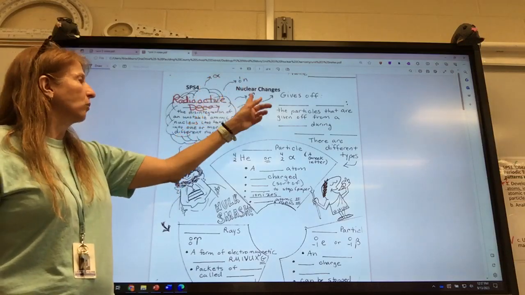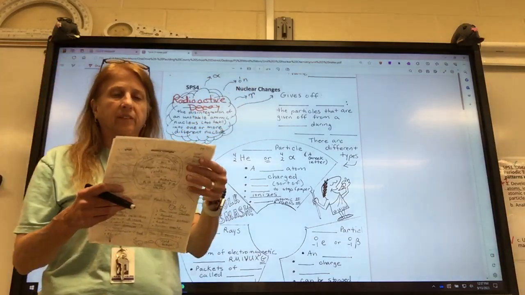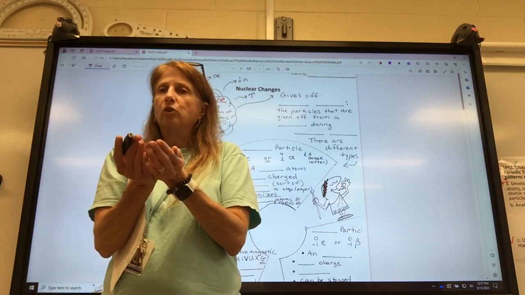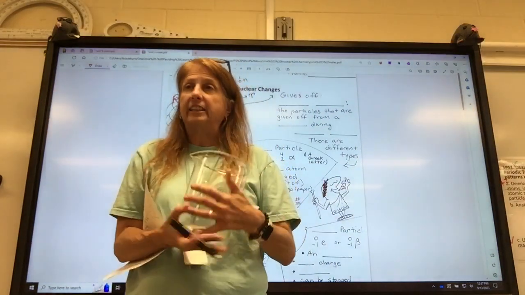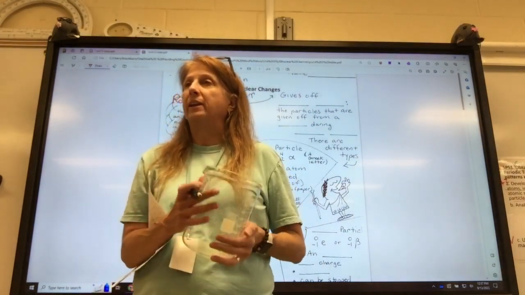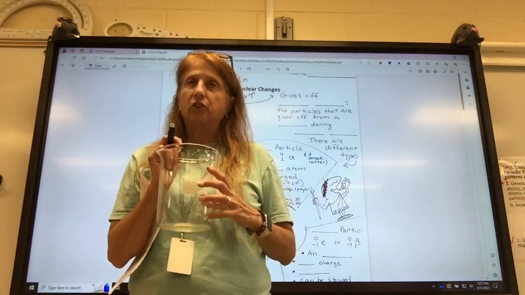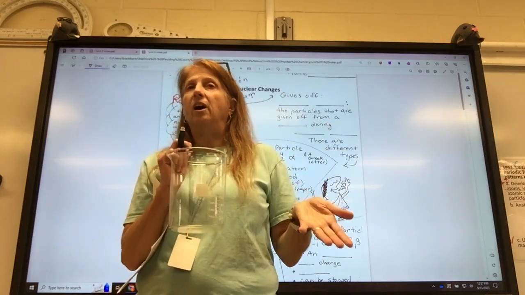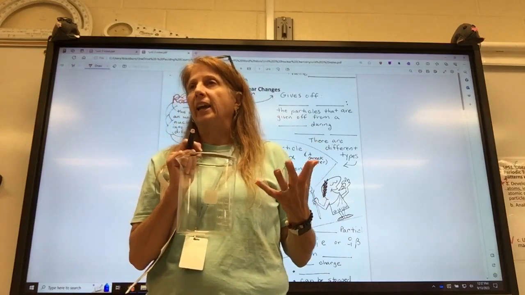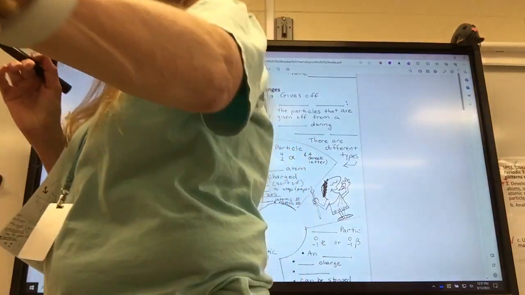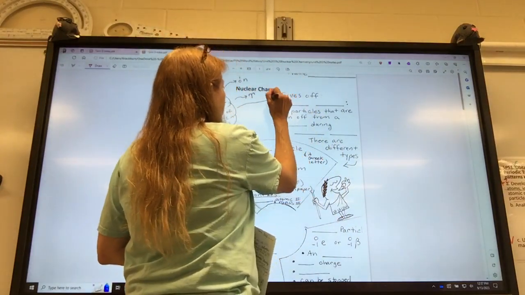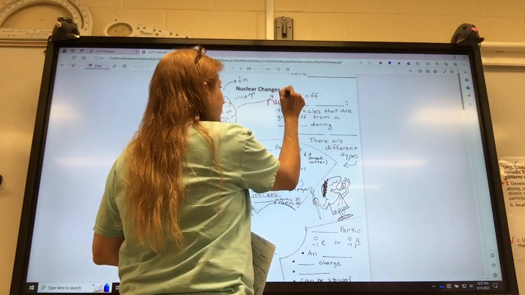So we have little Greek letters for particles that are given off. Imagine you've got a giant, some uranium, and it's unstable. You saw that when you made it in the PhET lab. Well, it's going to start falling apart, and when it does, it's going to give stuff off, and that is nuclear radiation.